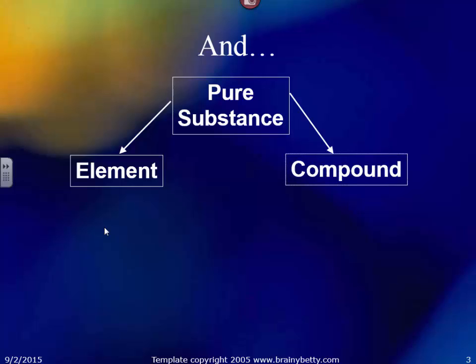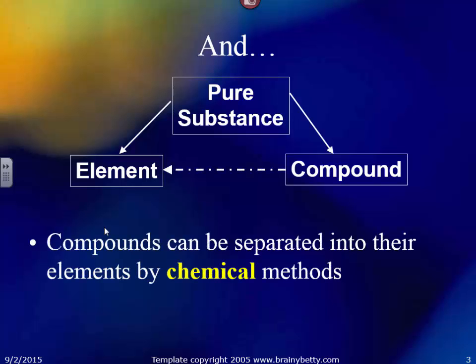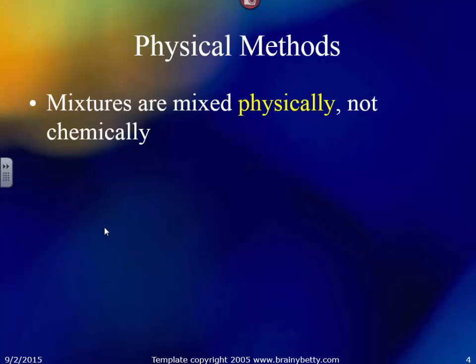It is possible to take a compound and separate it into its elements, but to do that you would have to use chemical methods, because compounds are atoms that are bonded together. So if you want to separate that chemical compound, you have to use a chemical method. So these would be things like chemical changes that would separate compounds into elements. Mixtures are mixed physically, not chemically.